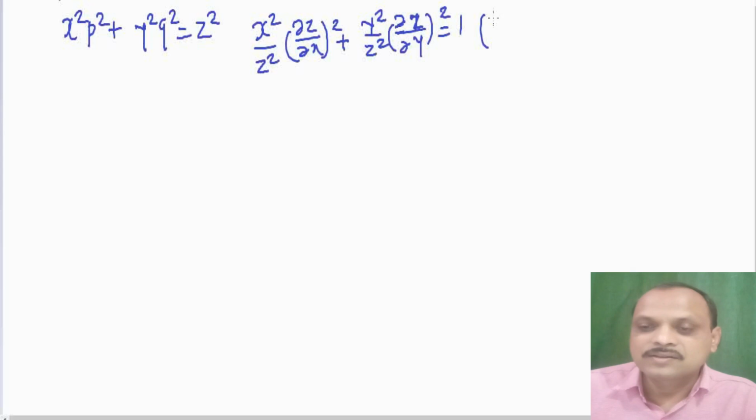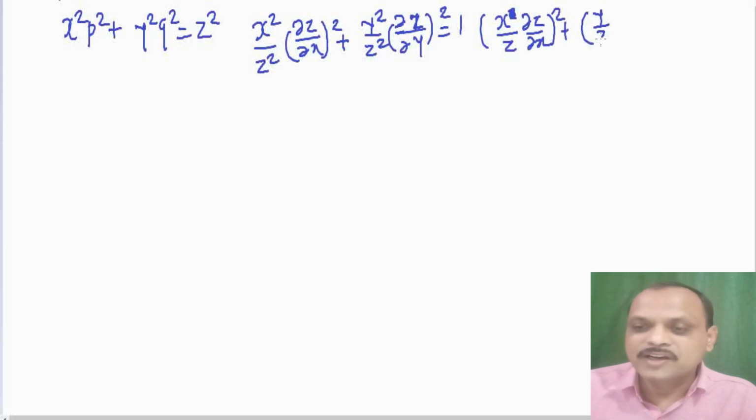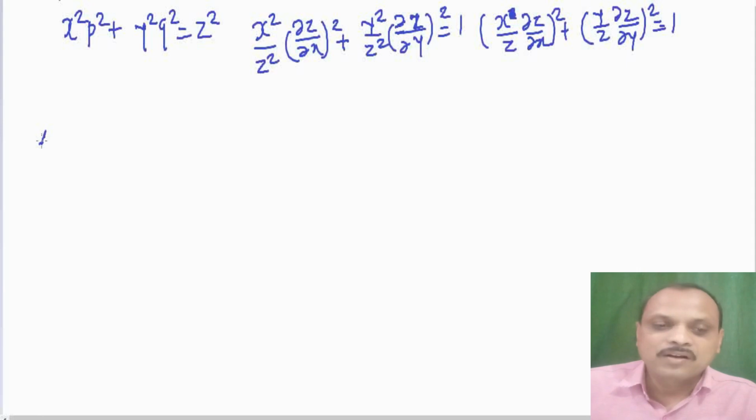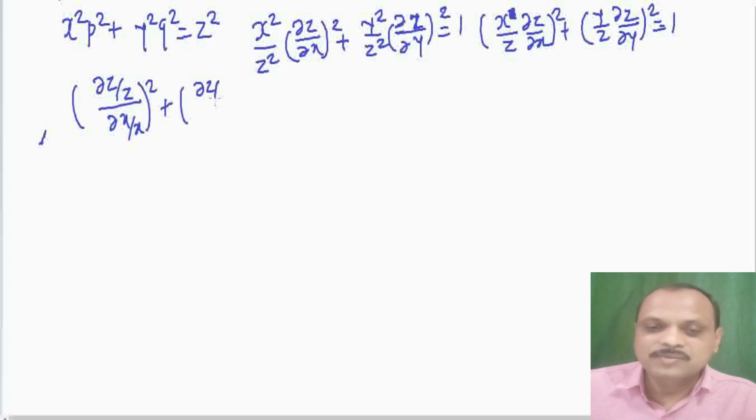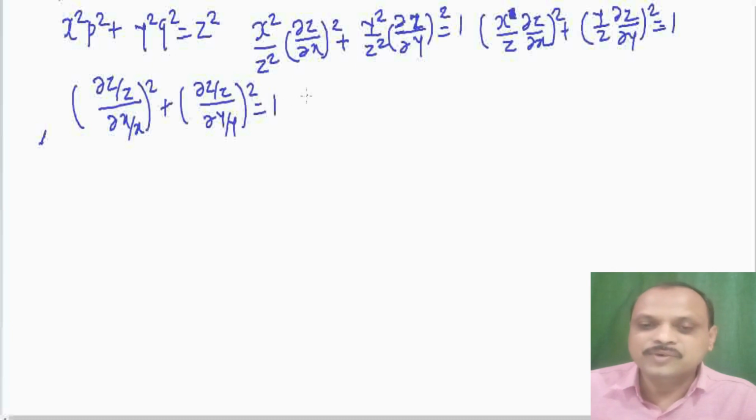Again, this is x divided by z into del z by del x whole square plus y divided by z into del z by del y whole square equal to 1. Or we can write it as del z by z divided by del x by x whole square plus del z by z divided by del y by y whole square equal to 1.